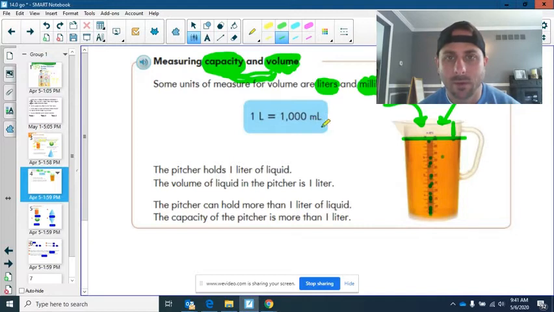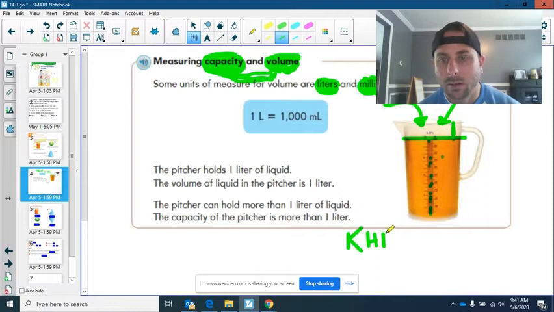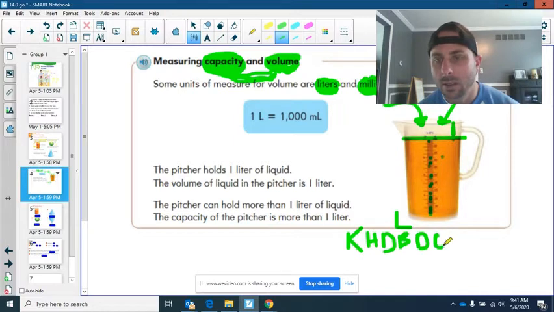So if you're converting, let's do King, kilo, hecta, Henry, die, deca, by is the base. In this case, the base is liters. Oh, it should be an L. Deci, centi, milli.